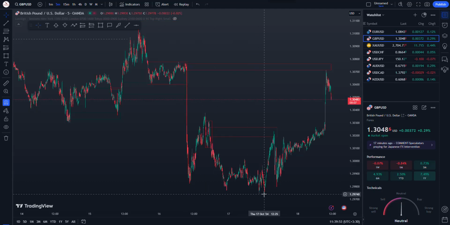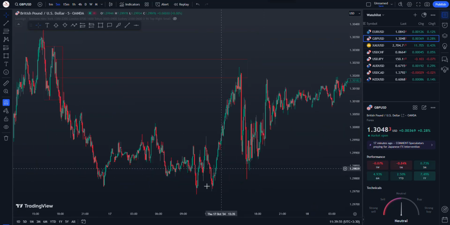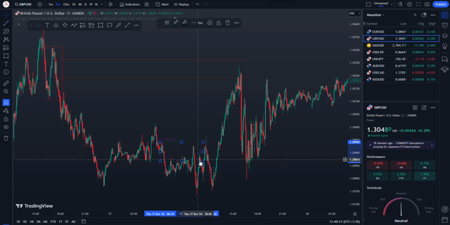After this low is created here, it's made by this one. Actually you can see this level obviously here. This level makes that low, and swap of that is created here.